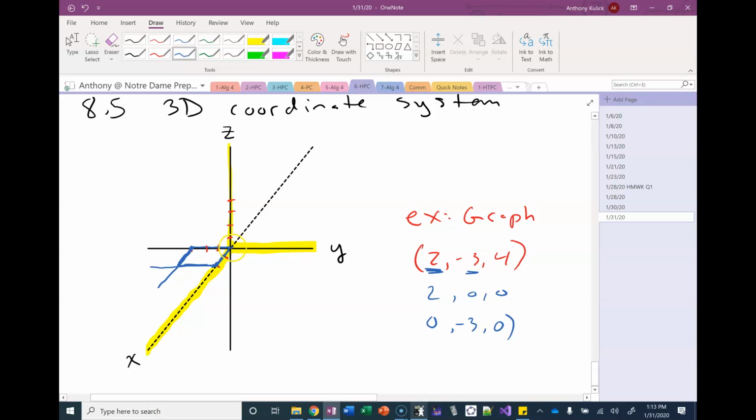So I'm going to now draw from the origin up to the z-axis. Everybody kind of see that? And I'm going to draw a segment that's parallel to the x-axis. Okay, and I'm going to connect it here. Everybody see that?